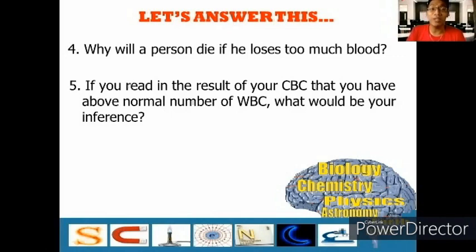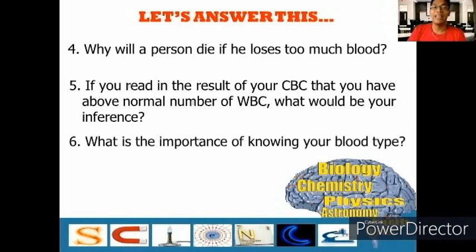If your body is producing above the normal range of WBC, then there might be an infection in your body. Kaya kailangan mag-produce ng katawan mo ng mas maraming WBC dahil mas marami din siyang nilalabanan ng mga bacteria or virus or kahit anong microorganism na sanhi ng infection na yon.